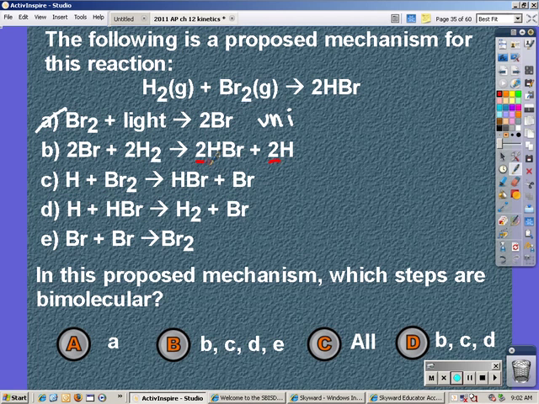B looks like it would be termolecular, or four molecules, but we have 2, 2, 2, which could reduce down to 1, 1, 1. They just didn't because if we reduced it down, then the steps wouldn't add up to the reaction. So we had to have B happen twice. So if we put it to 1, 1, 1, then B was bi, C's bi, D's bi, and E's bi. So the correct answer should have been B.